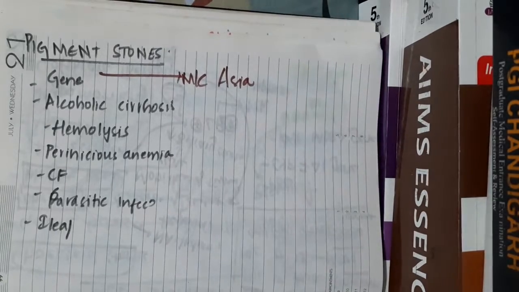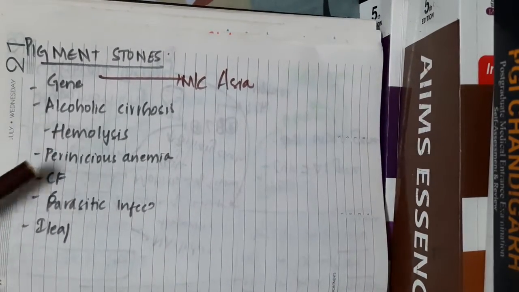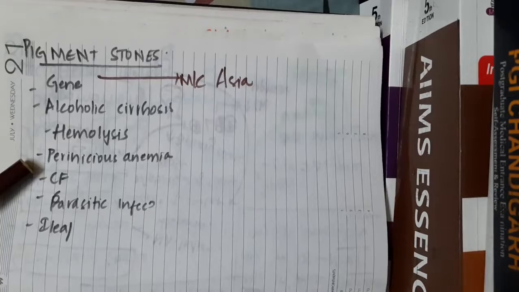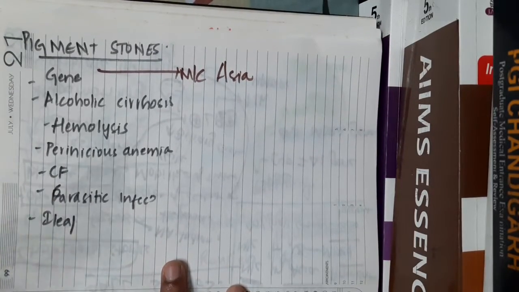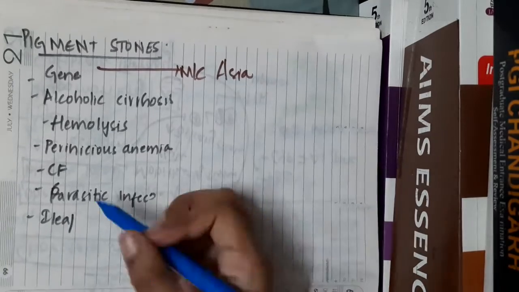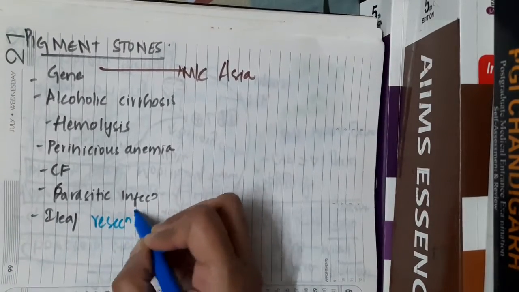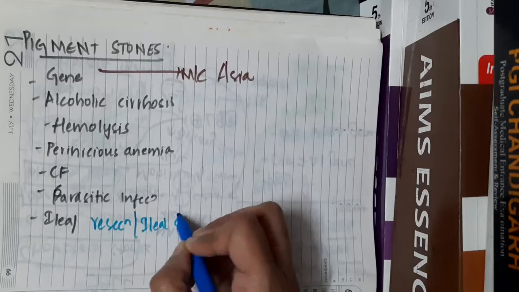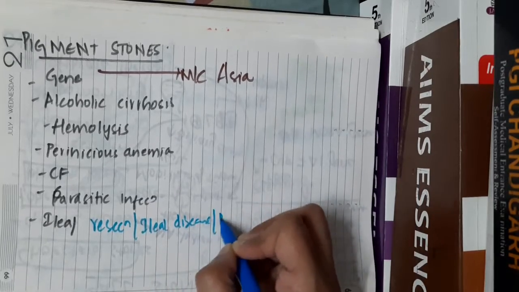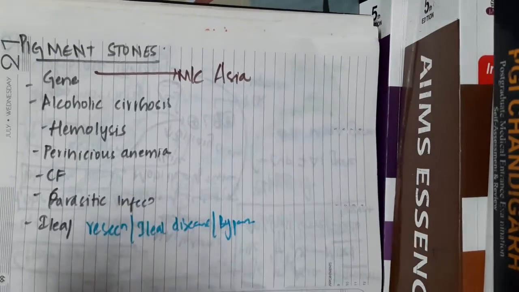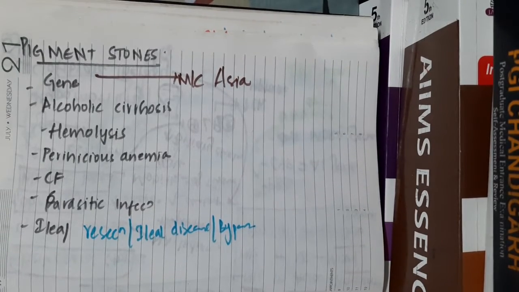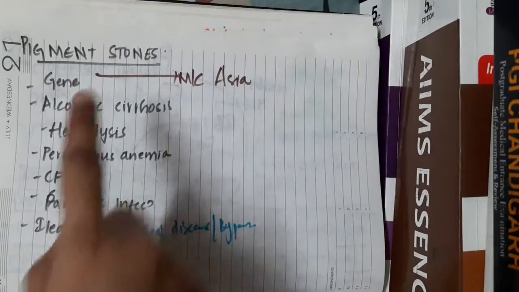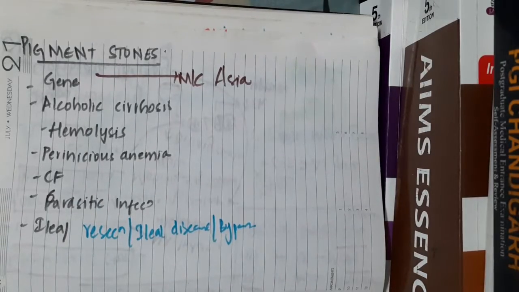They occur in cirrhosis of liver, hemolysis, pernicious anemia, cystic fibrosis, parasitic infection, and in conditions like ileal resection, ileal disease or ileal bypass. We can see pigment stones in all these conditions.